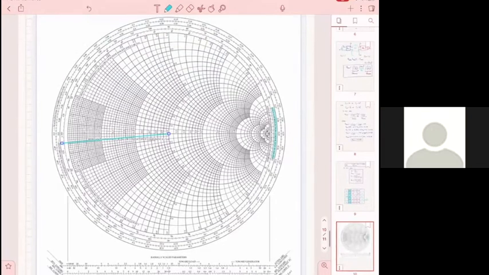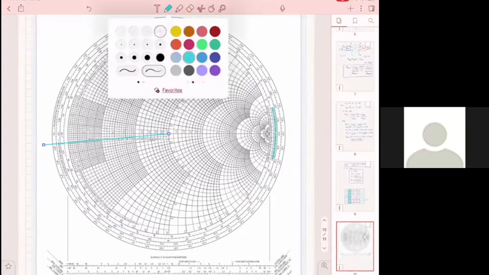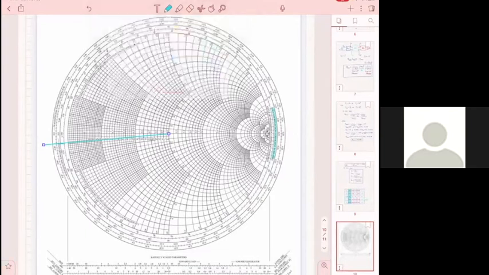Somewhere there, okay? That is minus 175. All the centers of these circles are on this line.